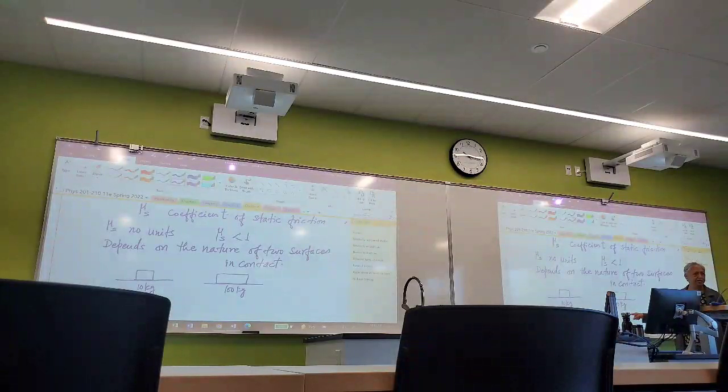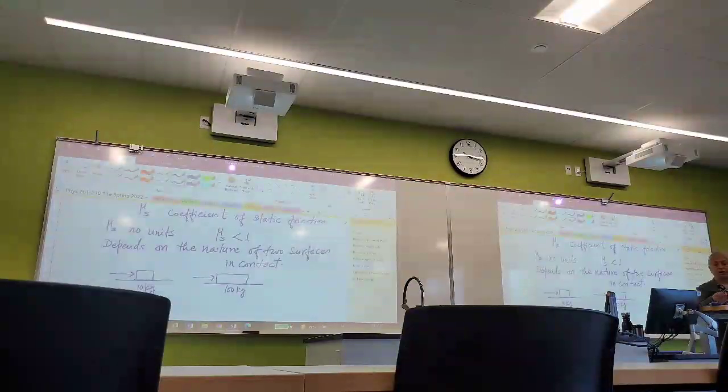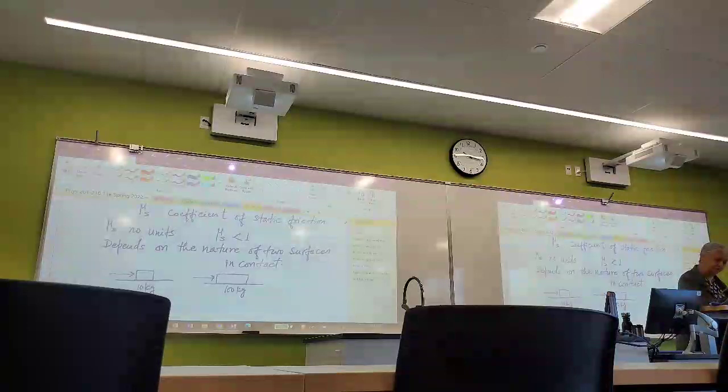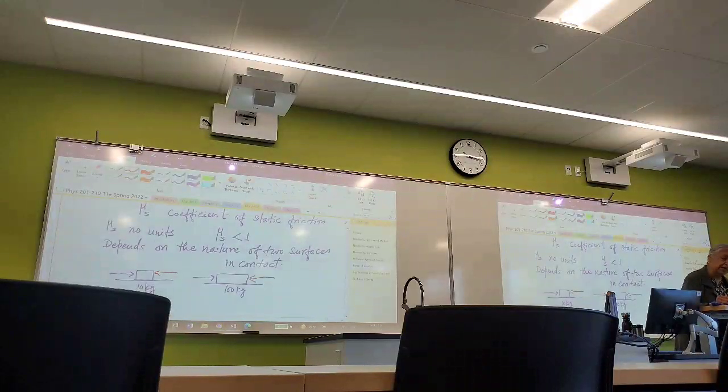In what direction is the force of friction if I'm trying to push this object? What's the direction of the static force of friction? Opposite. So friction always acts opposite to the, in this case it's not even moving, right? But is the perceived direction of motion to the right?